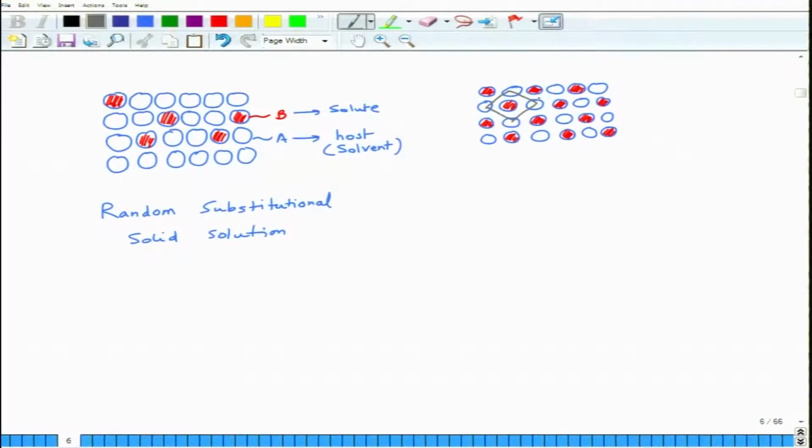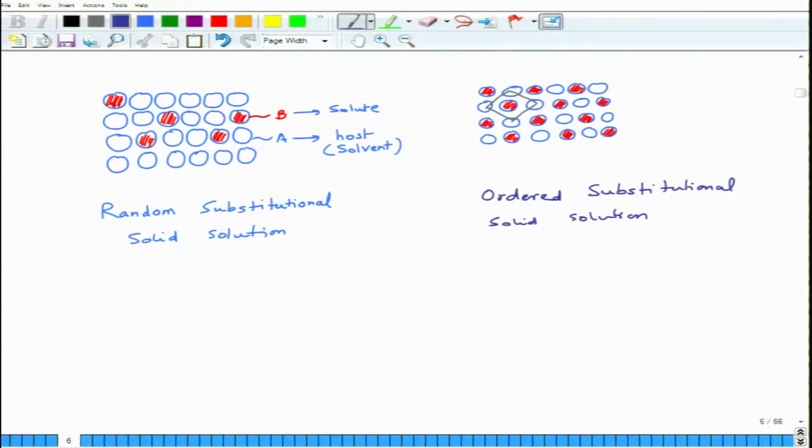So, this is called your ordered substitutional solid solution.